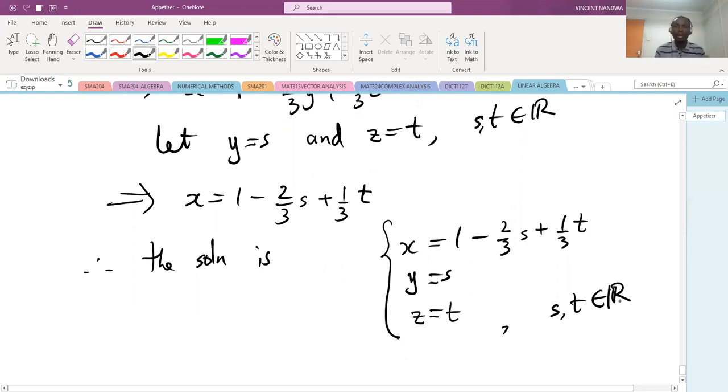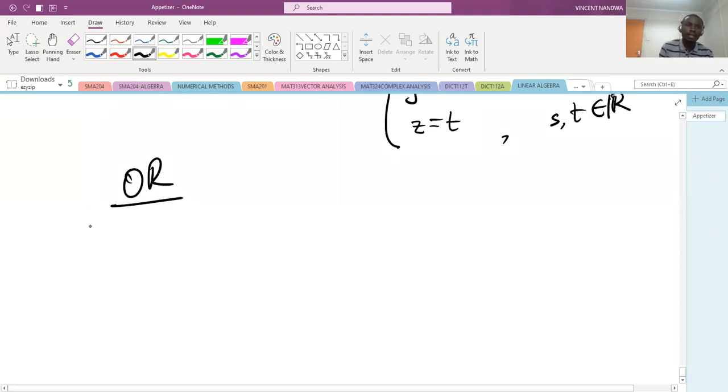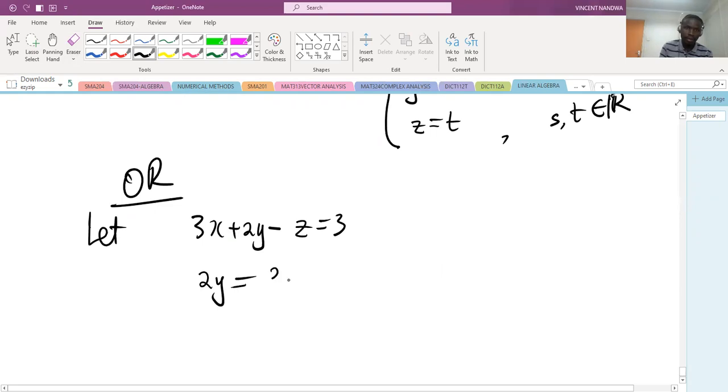Or you can as well make z the subject, or y the subject. Let's make y the subject, so that we have the equation was 3x plus 2y minus z equals to 3. So we'll have 2y equals to 3 minus 3x plus z.